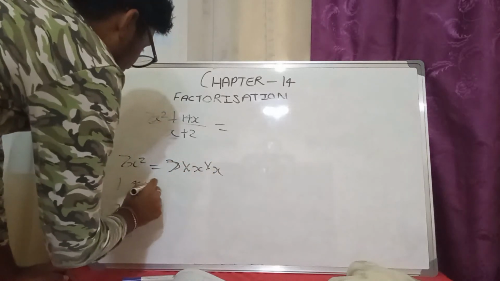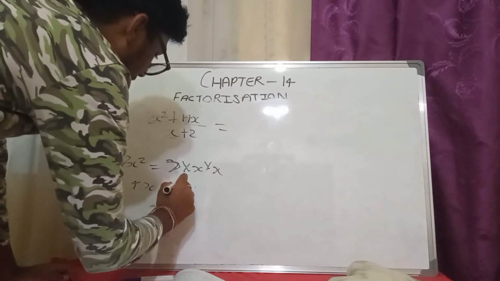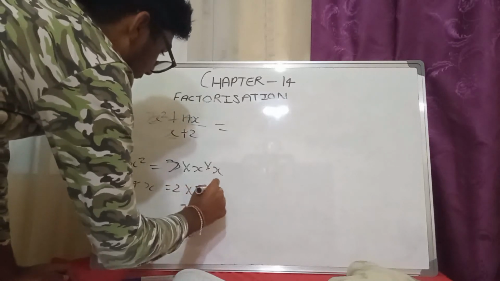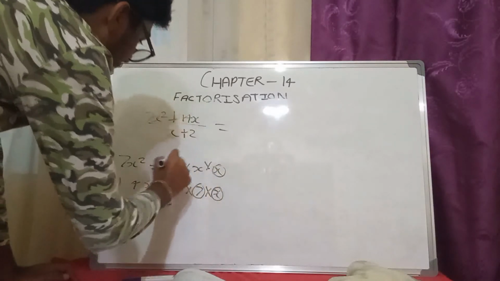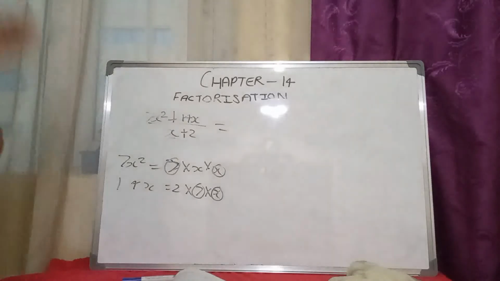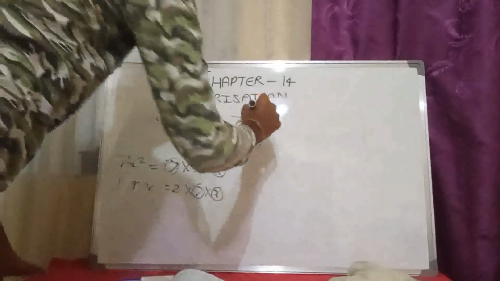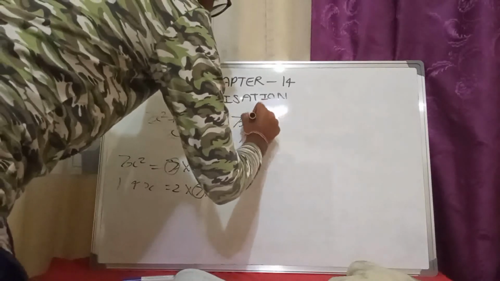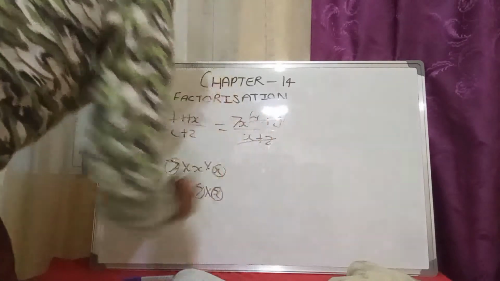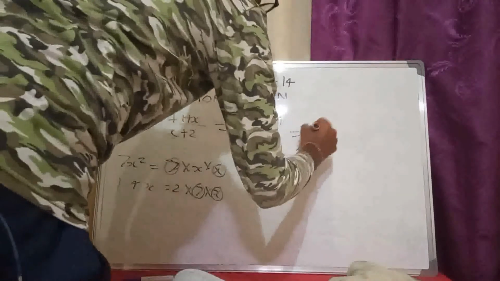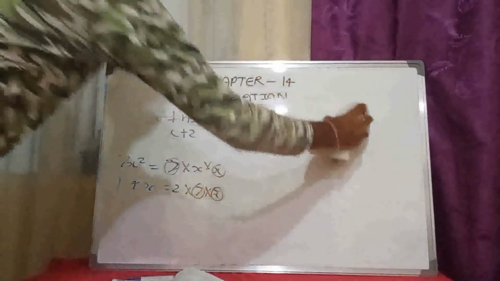Now 14x will be 2 into 7 into x. We can find that x and x are common, and 7 and 7 are common. So we take the common factors out, that is 7x into x plus 2, divided by x plus 2. Now we cancel x plus 2, which equals 7x. That's the answer. These are the very simple ones. Now we'll be taking another example.